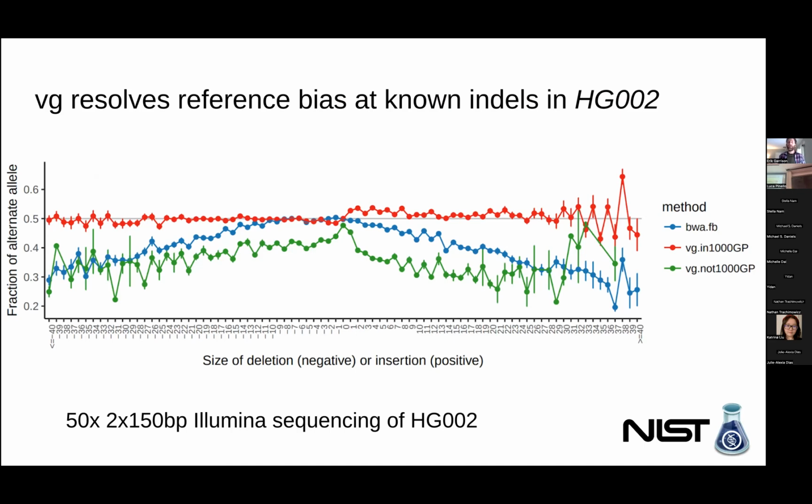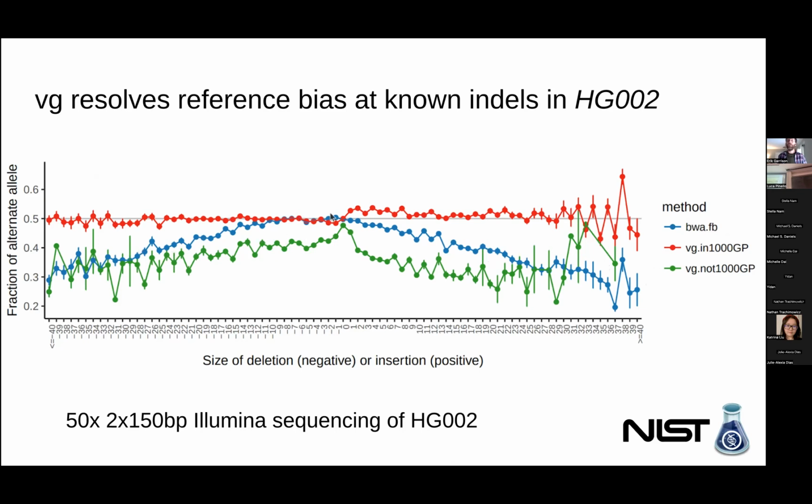And so we can ask, at the sites that are actually heterozygous, how well do we observe the alternative non-reference allele in different conditions? So if we align to just the reference and do variant calling with FreeBayes, which is a variant caller I developed, so BWA and FreeBayes, this is the blue line here.